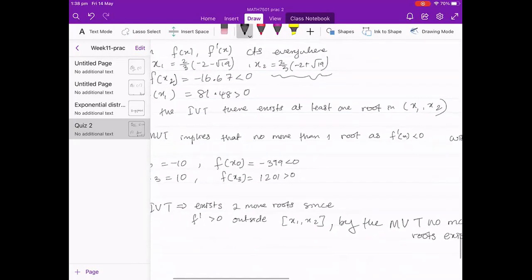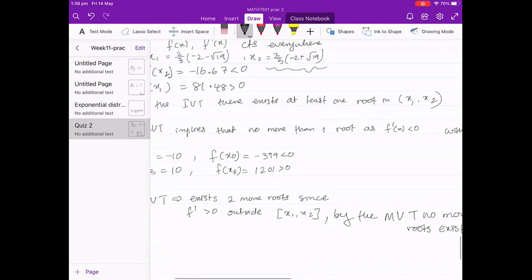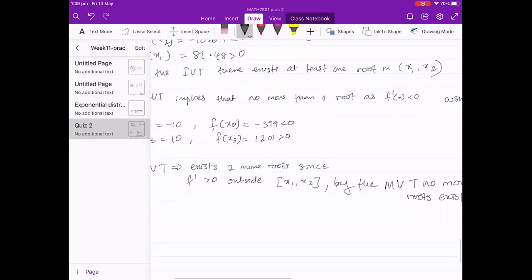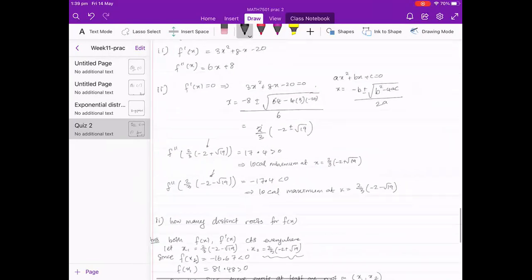Then since f dash is positive outside the interval x1 to x2, by the mean value theorem, there are no more roots. So the maximum is 3 roots. Okay, any questions? Any questions from the quiz?